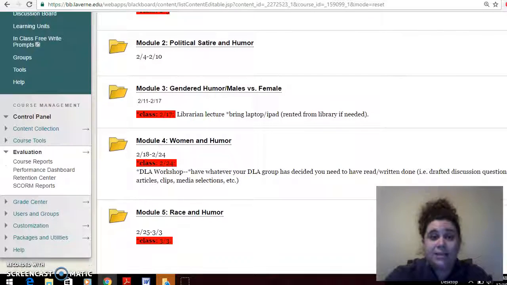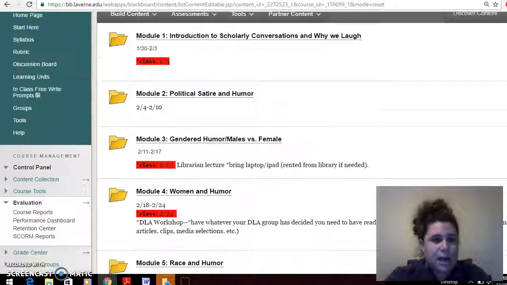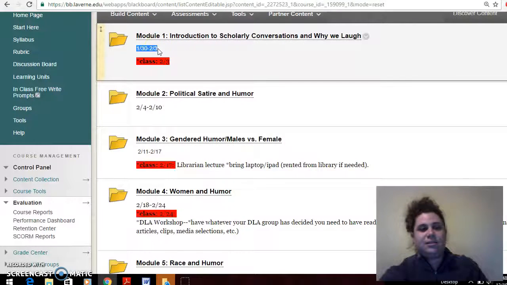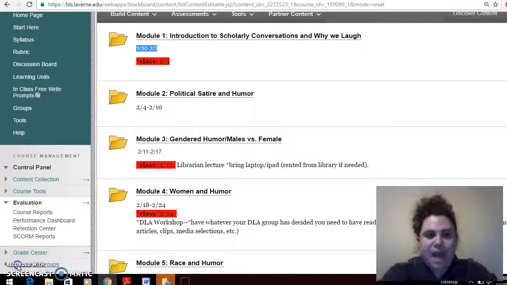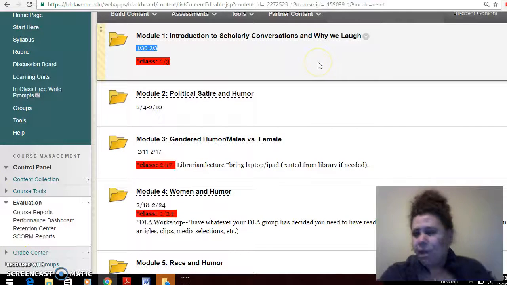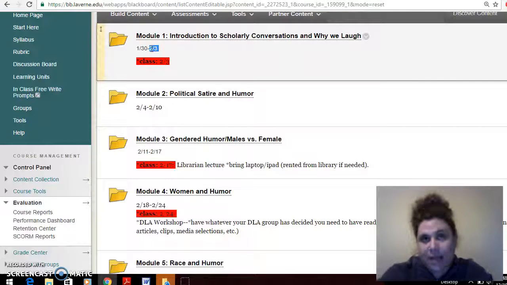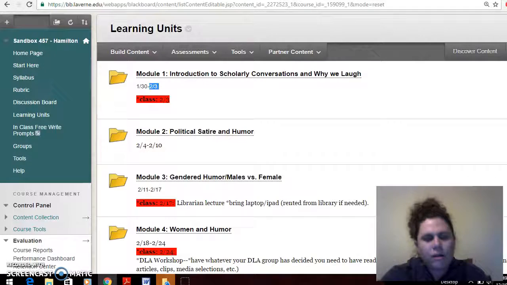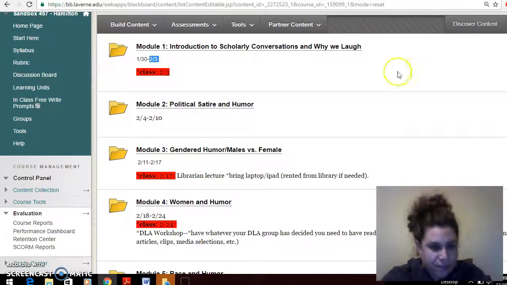What's highlighted in red is the dates that we're going to meet. And then above right here, these are the dates that students have to complete the assignment. So they have until the last day listed by class time, 12:10, whether we meet or not. And that's explained in the welcome letter as well as the syllabus.